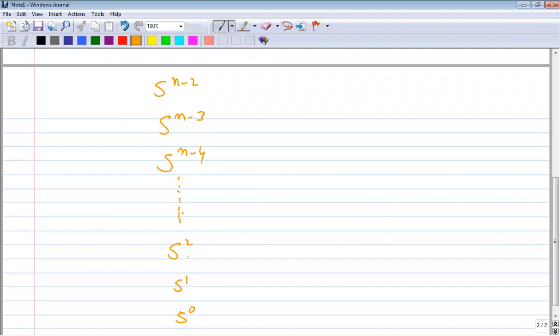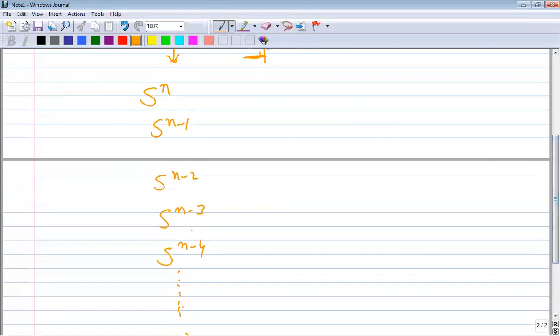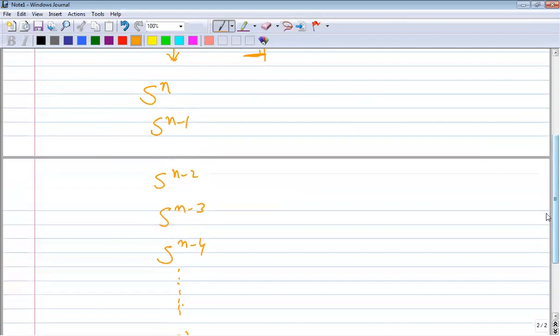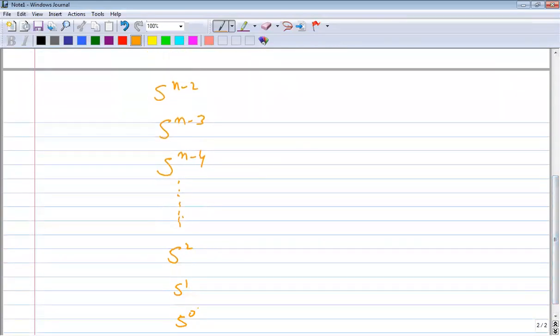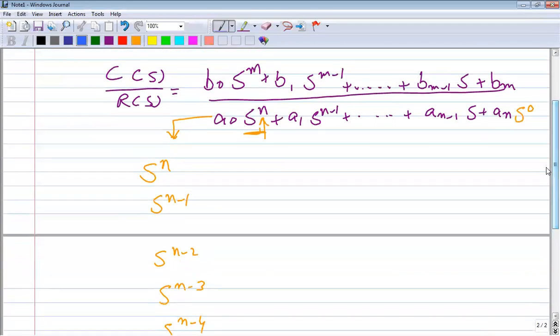So I listed it down, right? All I have is s^n, n-1, n-2, n-3, n-4, and so on and so forth till it reaches s squared, s1, s0, right? I listed this down, and the respective coefficients I have mentioned. I have coefficients a0, then a1, then a2, a3, a4, a5, a6, a7, and so on and so forth.